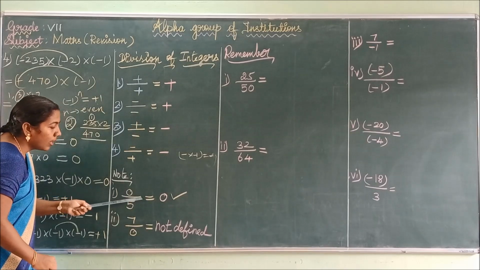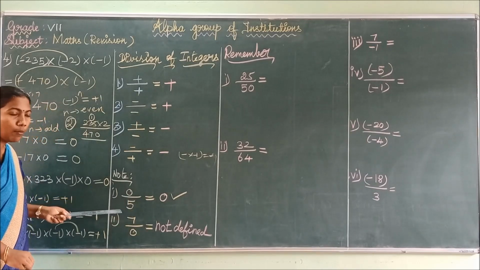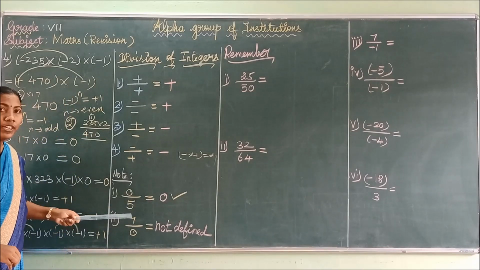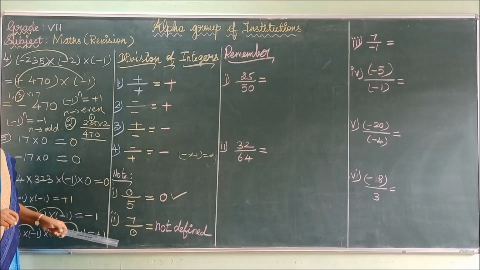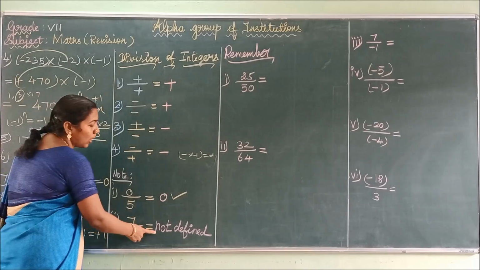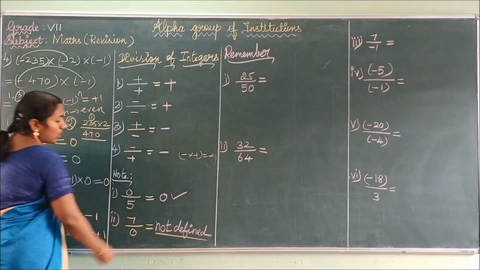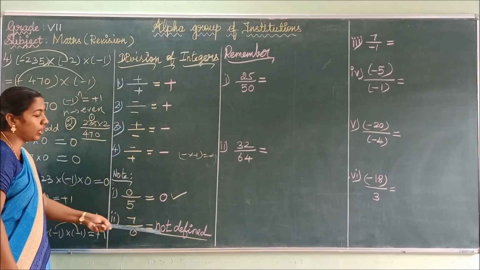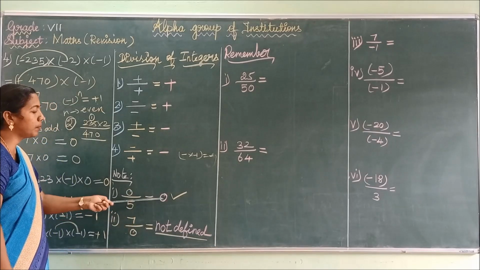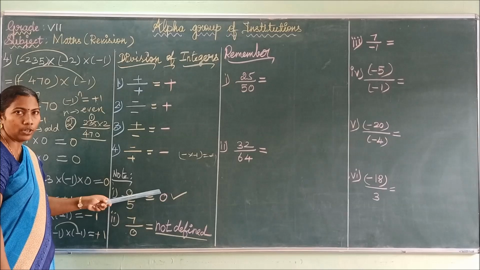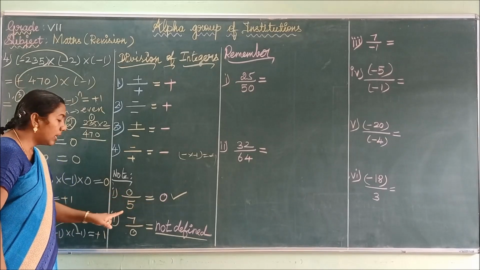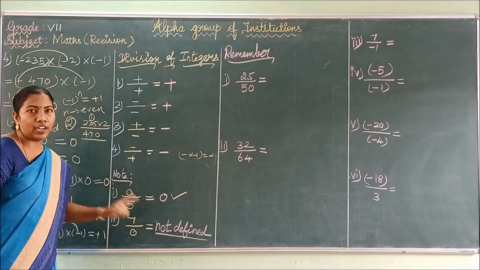See the second note: if you divide any number by 0, that is, if the denominator is 0, you have to write not defined. This process is not defined. If the numerator contains 0, you write the answer as 0. Is it clear? 0 divided by any number is 0, and any number divided by 0 is not defined.